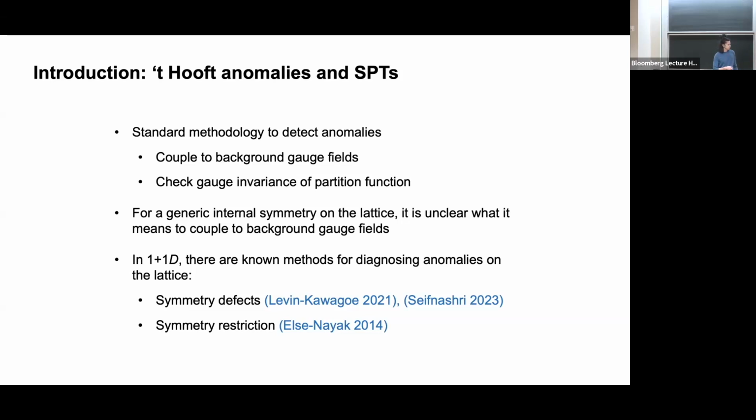It was first discussed by Levin and Gu, and also generalized more recently in a very nice paper by Sahand to the case of lattice translation symmetries in addition to some internal symmetry. There's also a method developed in a very nice paper by Else and Nayak, which uses the idea of symmetry restriction to diagnose the anomaly.